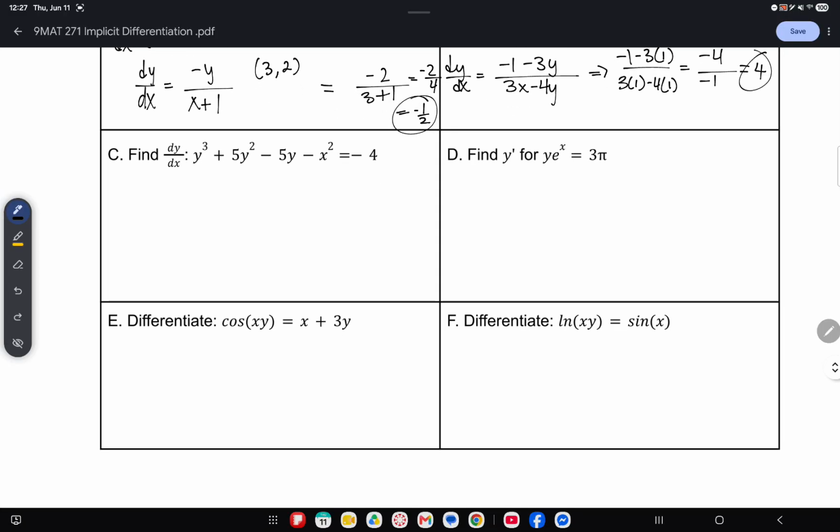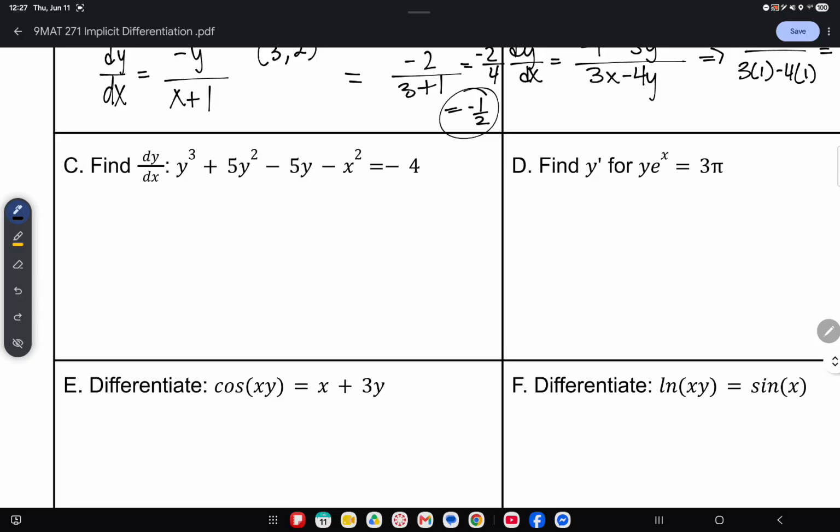All right, we got some stuff going on here. We don't have a point to plug in, so we're just going to get the final function, isolating that dy dx and leaving it. So we have 3y squared dy dx plus 10y dy dx minus 5 dy dx minus 2x equals 0.